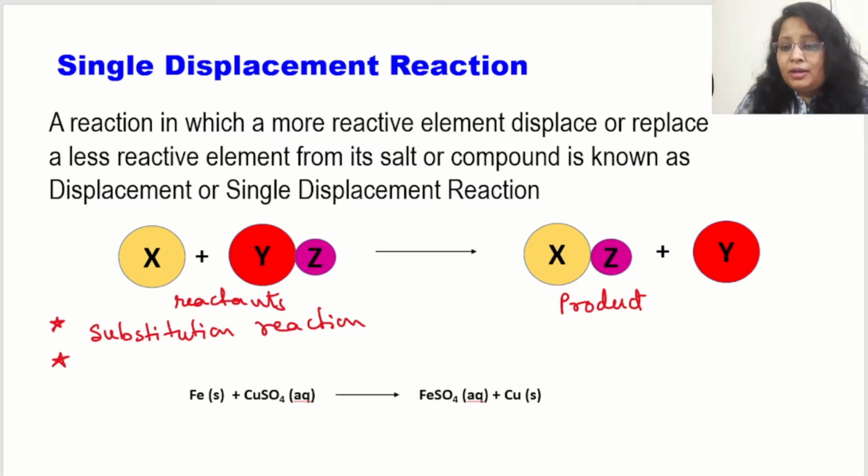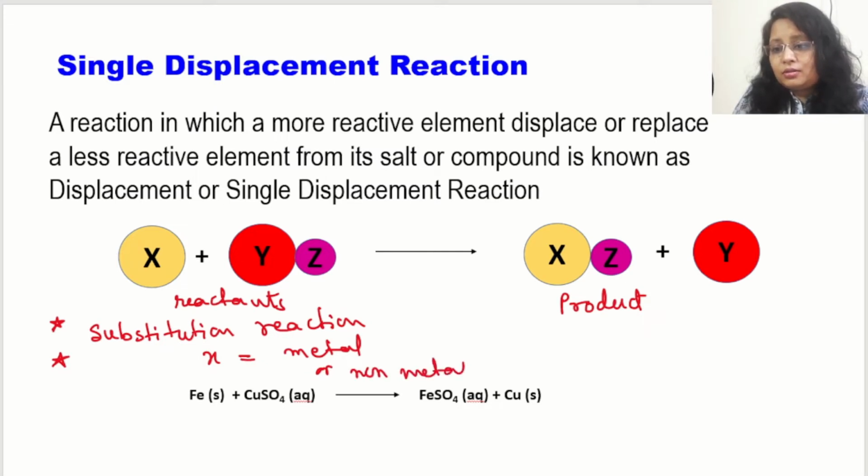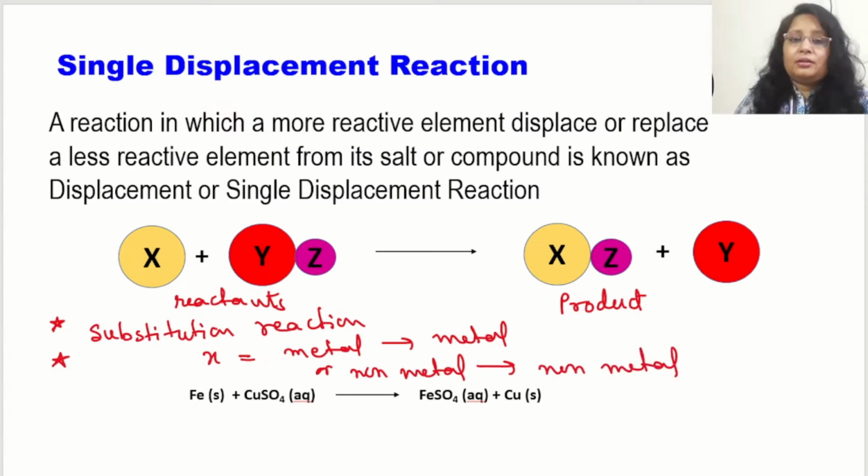So X should be metal or non-metal, but metal to metal and non-metal to non-metal. This reaction goes like that.